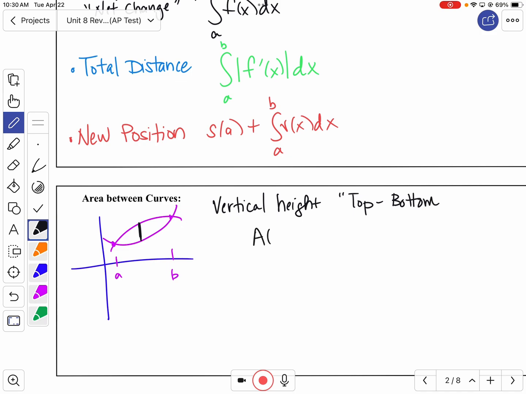Right, so my area would equal the integral from a to b of f of x minus g of x dx.